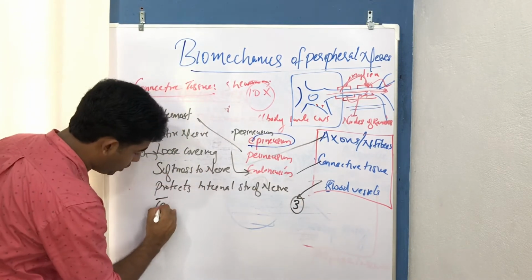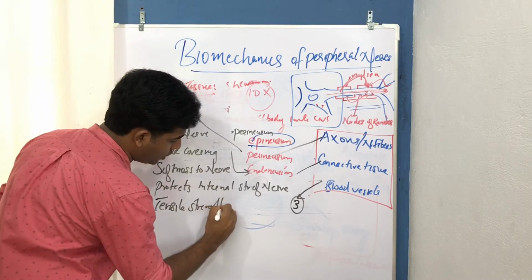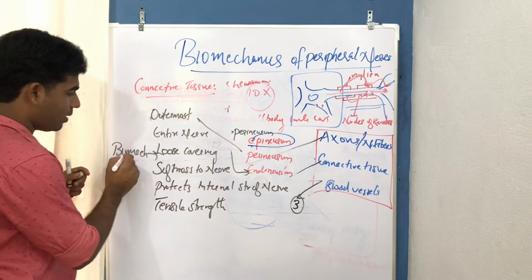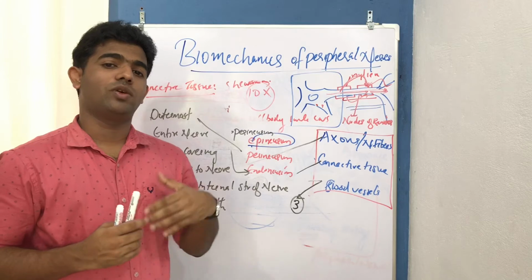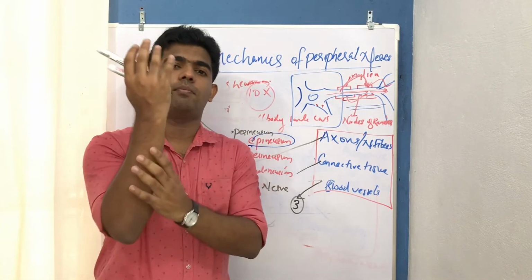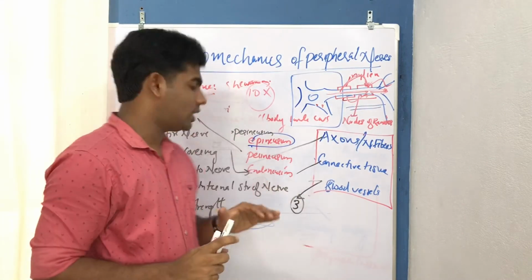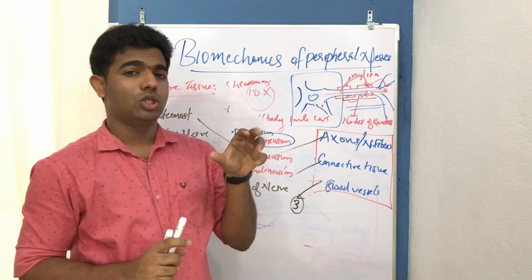Finally, it contributes to the tensile strength of the nerve. These are the biomechanical functions of epineurium. In places in the body where nerves are completely exposed, you have a greater covering of epineurium. So protection of the nerve fiber is the main function of epineurium.